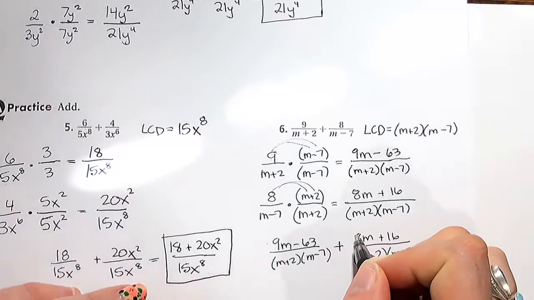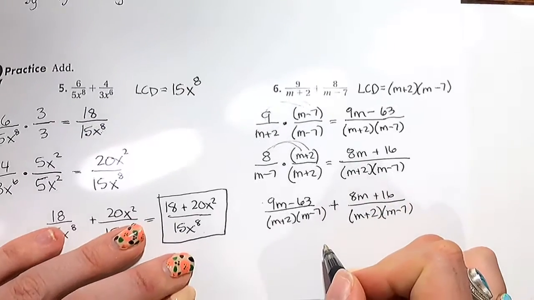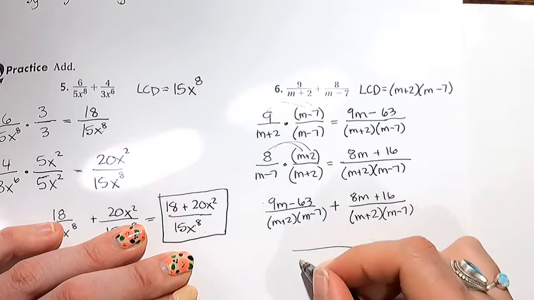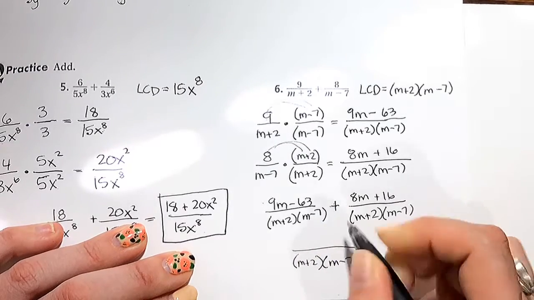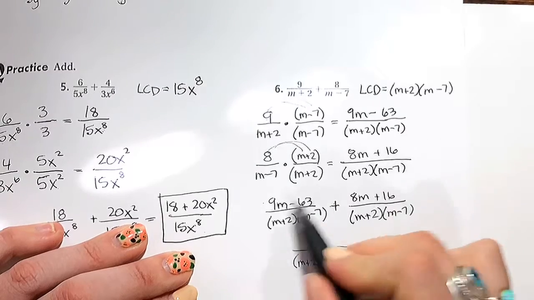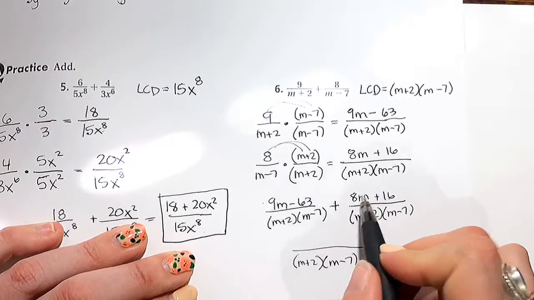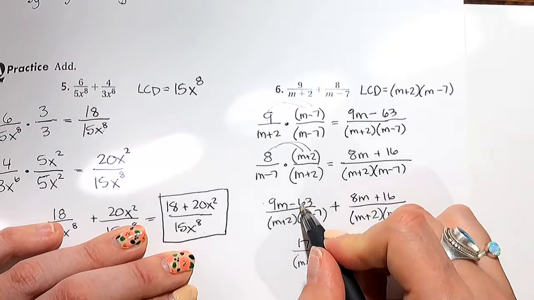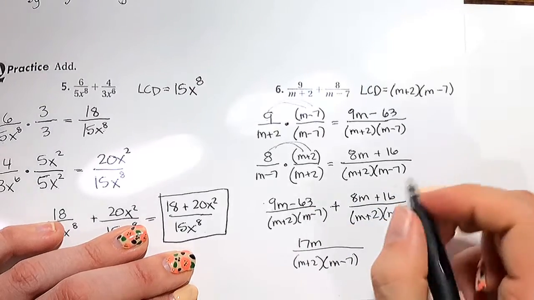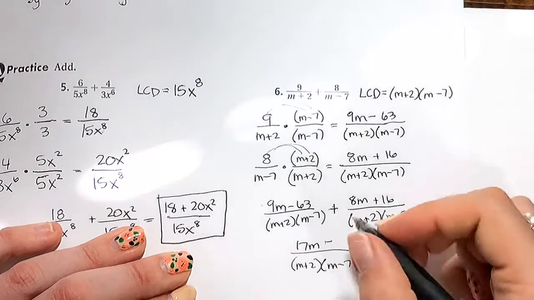And then with our answer, again, we just keep that common denominator. So we're going to have the m plus 2, m minus 7, and then now we're going to add our numerators. So I have 9m plus 8m, which is 17 m's, and then negative 63 plus 16 is going to be negative 47.